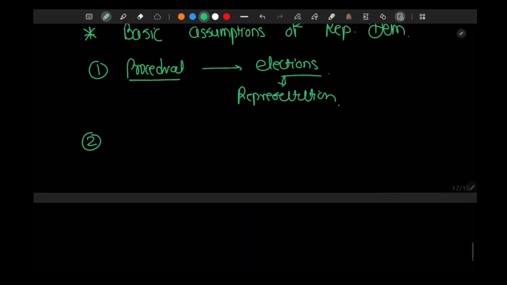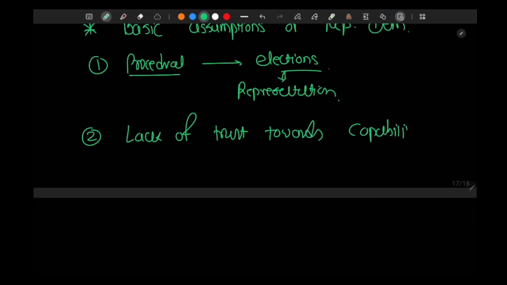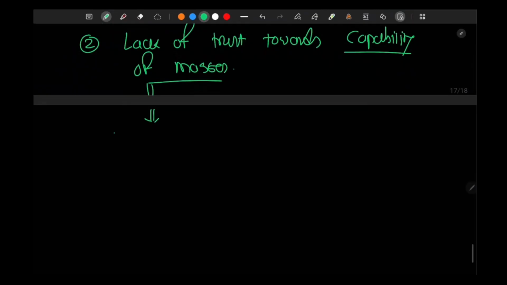Representative democracy also has this inherent bias towards masses. Representative democracy has a lack of trust towards the capability of masses. Here you can give reference to Edmund Burke.